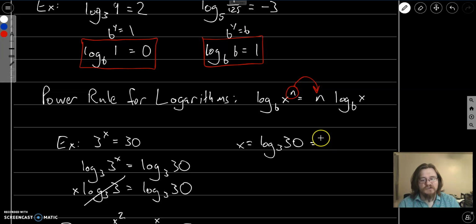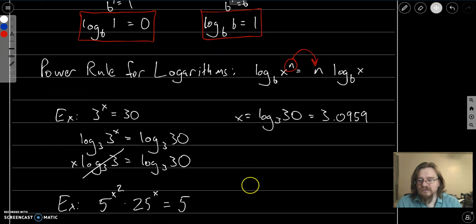If you do plug this into a calculator, you get about 3.0959, I believe, rounded to 4 decimal places. And this fits with our assumption. 3 to the third power is 27, which is pretty close. So we just have to take 3 to a little bit higher power, 3.0959, and we get all the way to 30.